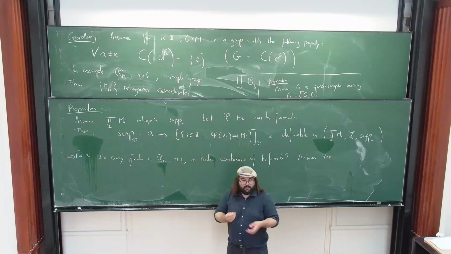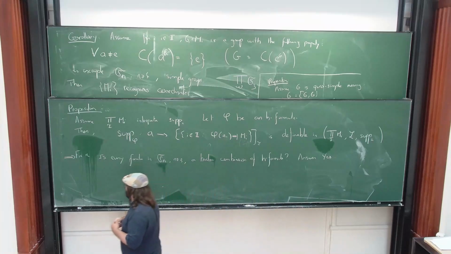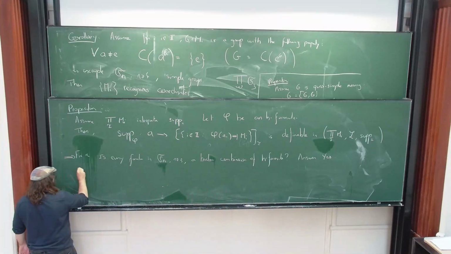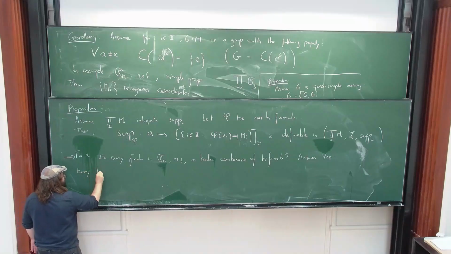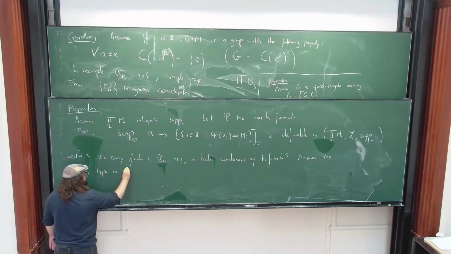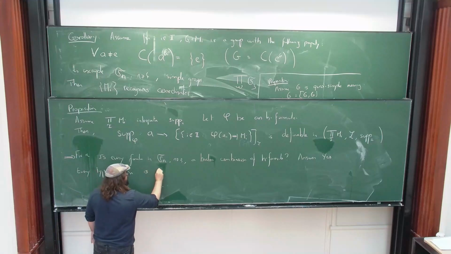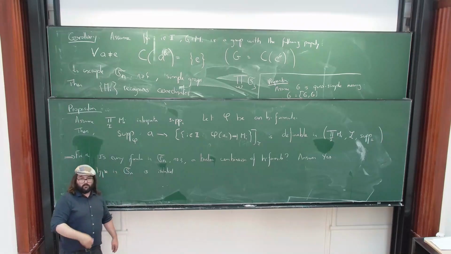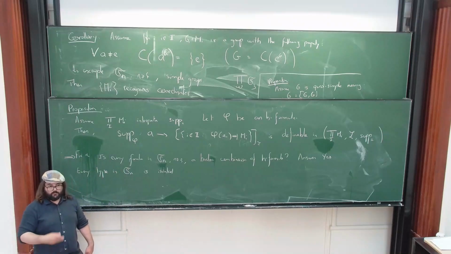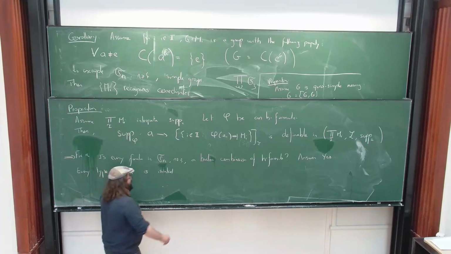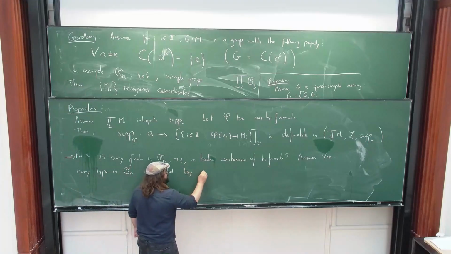But let me say something. Every type in Sn is isolated. When I say type, it's with no parameters. When I say isolated, it's isolated by a formula with no parameters, by an H formula.